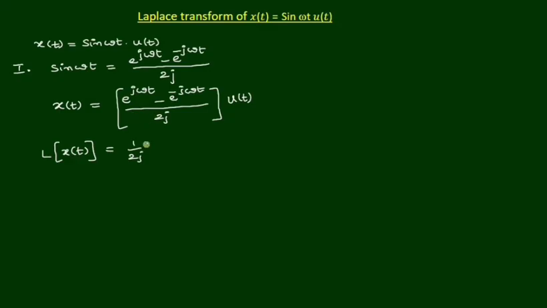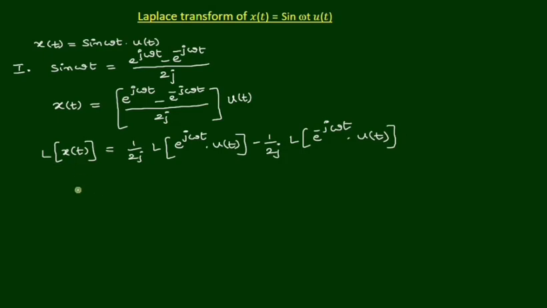We simplify this equation and we can write 1 by 2j Laplace transform of e power j omega t multiplied with u of t, minus 1 by 2j Laplace transform of e power minus j omega t multiplied with u of t.